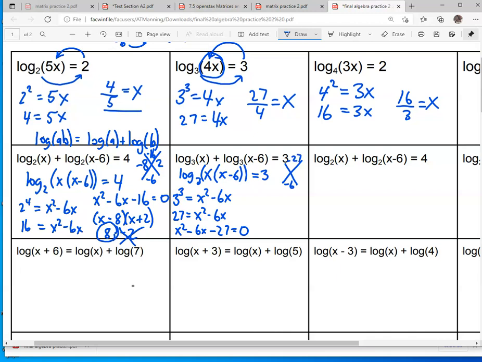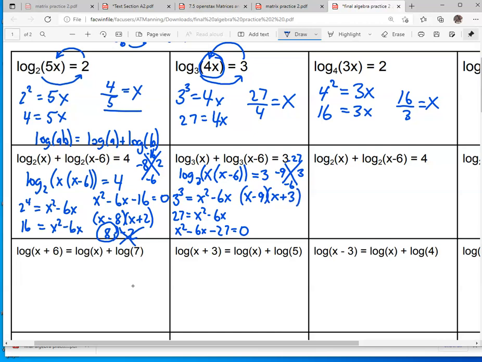The factors of 27 are 1 times 27. It's not a multiple of 2 because it's not even. 3 times 9. Hey! Negative 9 plus 3 gives me negative 6. So, negative 9 and a 3 added give me negative 6, multiply give me negative 27. So, therefore, I can factor that x minus 9 times x plus 3.